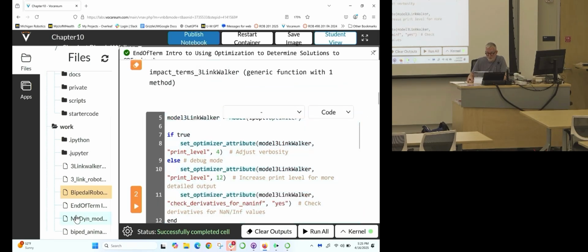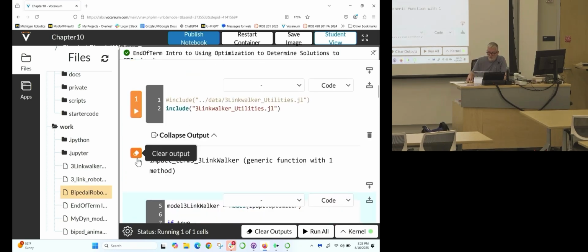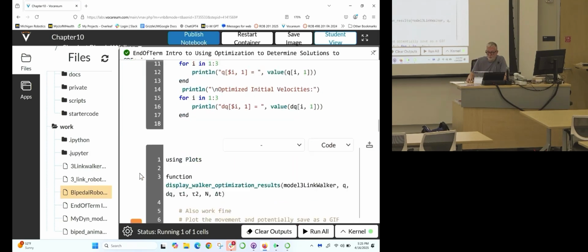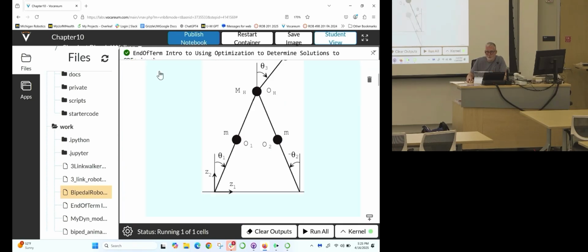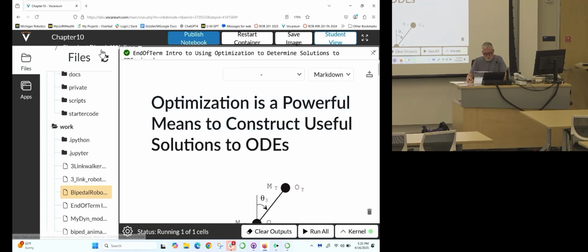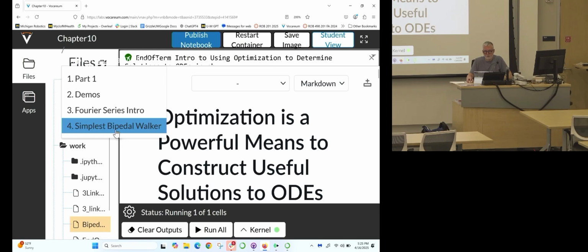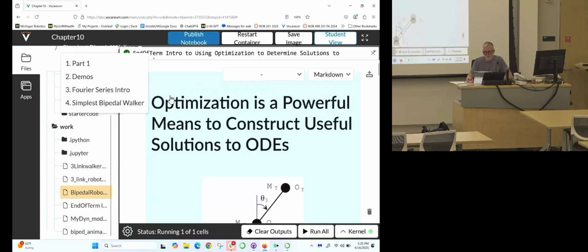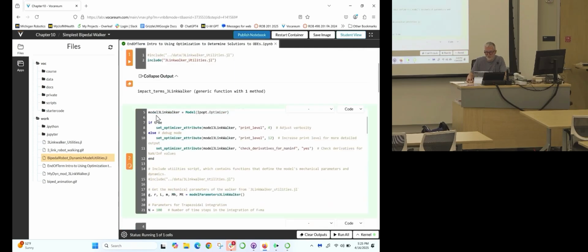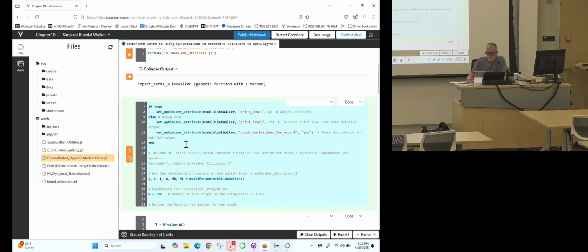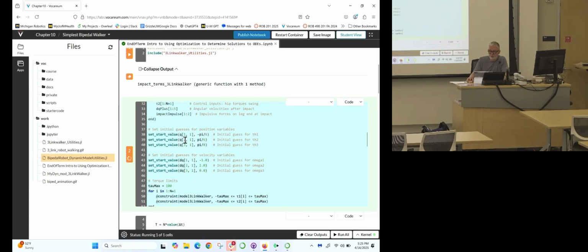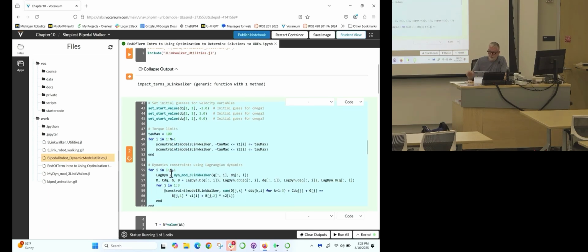So what we do is we set this up in JuMP, where we have initial guesses, but they're not constrained to be there.